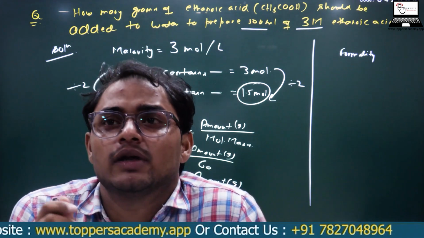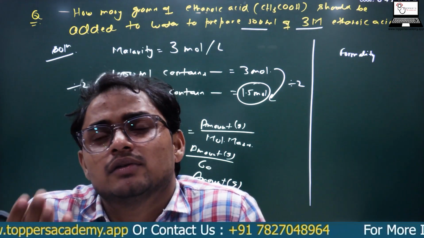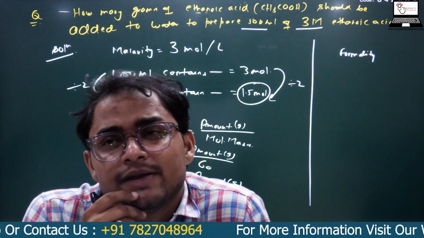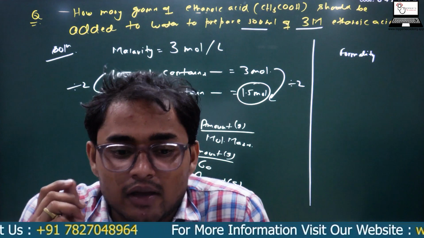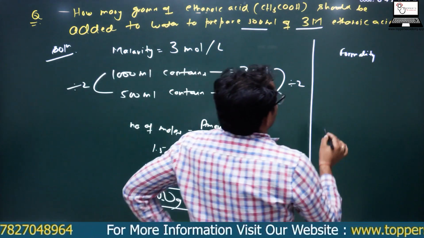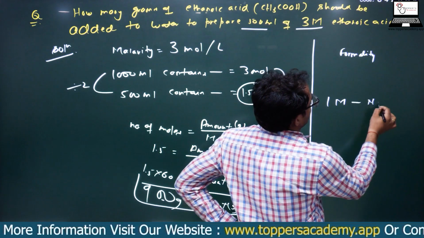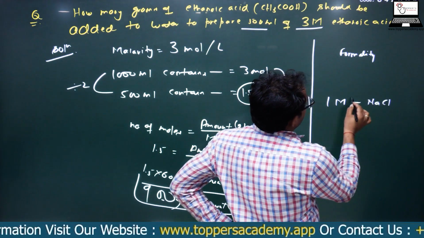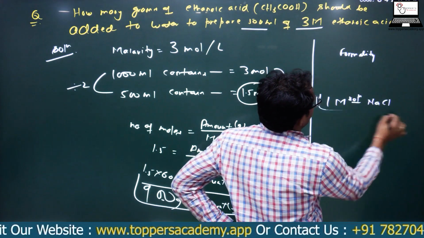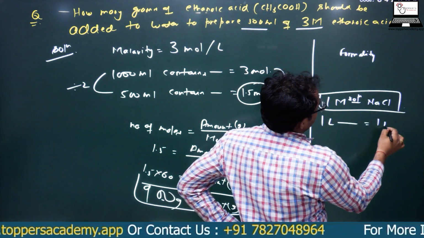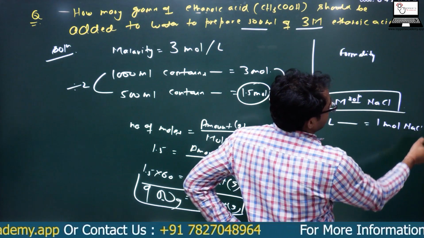You just calculate molarity and say that this is the molar formality for that solution. Why? Listen, if I am taking a 1 capital M solution of NaCl, that means if I take 1 liter of such solution, it will contain 1 mole of NaCl molecules.